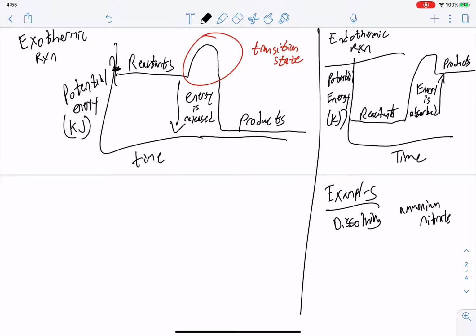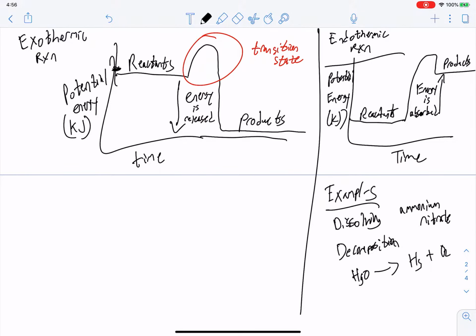We also have things like decomposition. We talked about that in terms of types of reactions when something is breaking apart. So we have mercury oxide, for example. When we give it enough heat, that heat goes into the mercury oxide and it breaks up the two molecules into mercury and oxygen gas.